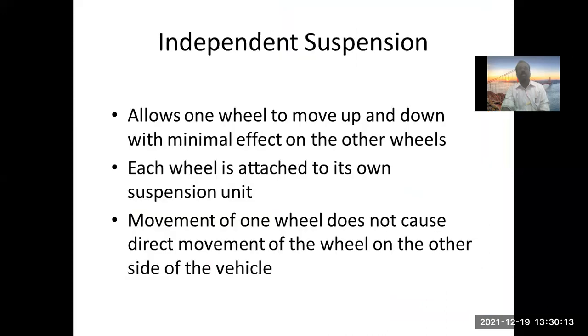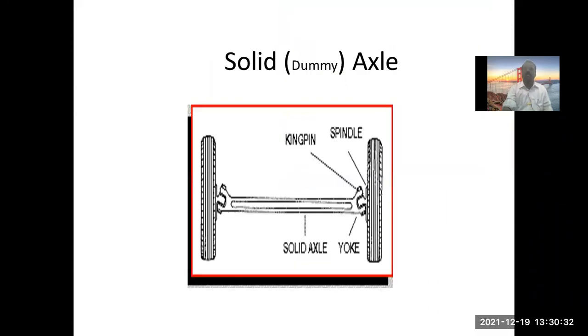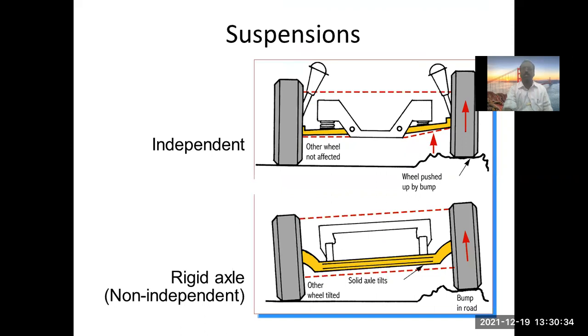So that is independent suspension. Each wheel is attached to its own suspension unit. Here we have a separate suspension unit for each wheel, which works independently of the other suspension. Now, why are we saying this in terms of independent suspension? In this particular case, you can see here there is suspension and here also there is suspension.